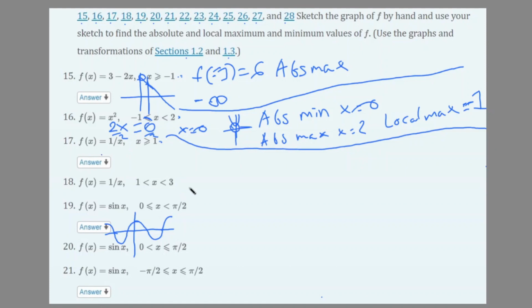And now number 17 is the function f of x equals 1 over x. And we could find the derivative here. The derivative would just be -1 over x squared, but we could also visualize it. Since the interval is from 1 to infinity, we know as the denominator gets bigger, the number gets closer to 0, which means it would indefinitely be reaching a minimum.